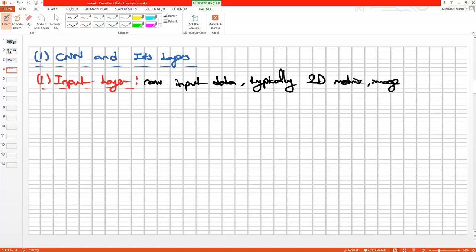Okay? This is the first layer, and in order to build the CNN network, we need to define the input layer. Okay? In the second place, we have the convolutional layer. In the convolutional layer, we have the learnable filters.